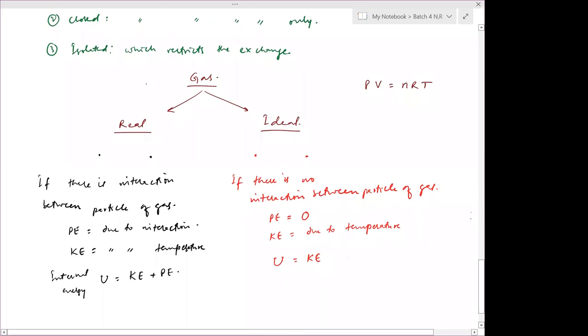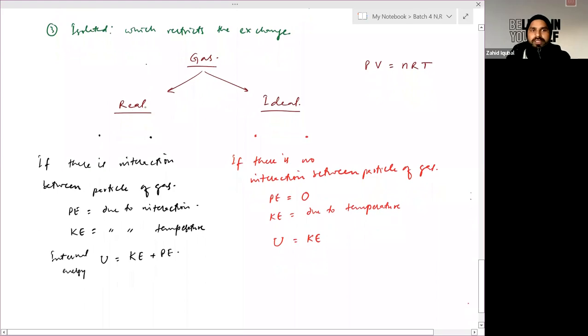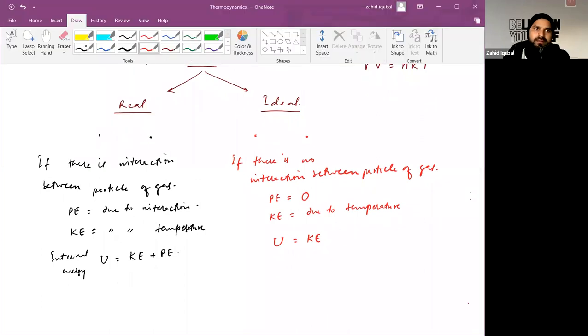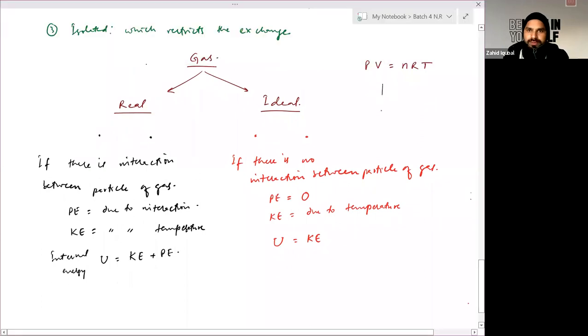Yes, sir. Now, what will be the basic condition under which real gas will tend to behave as ideal gas? So let me define. Suppose in a vessel, and let's say it is gravity-free space, enclosed and having a piston. There are particles at this point, this point, this point, and this point.